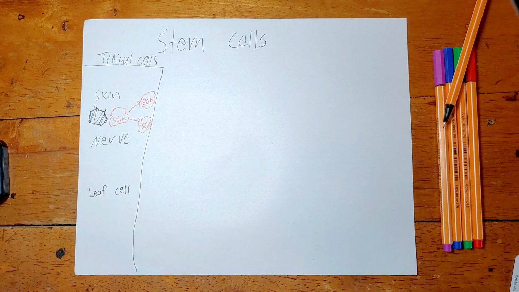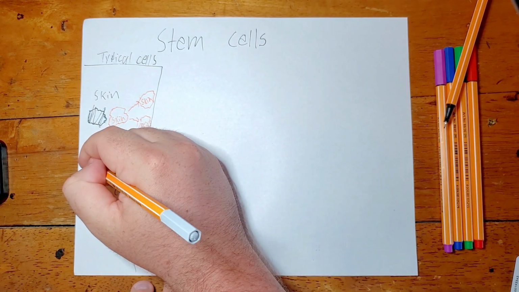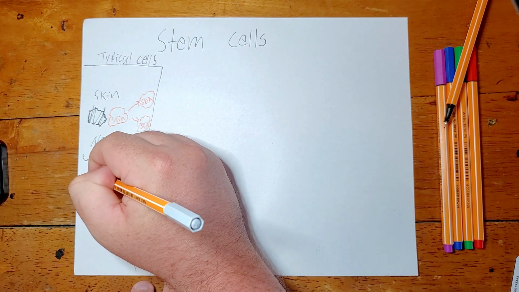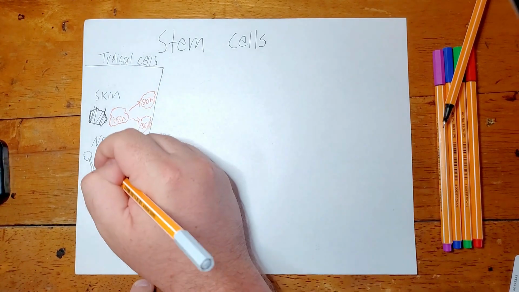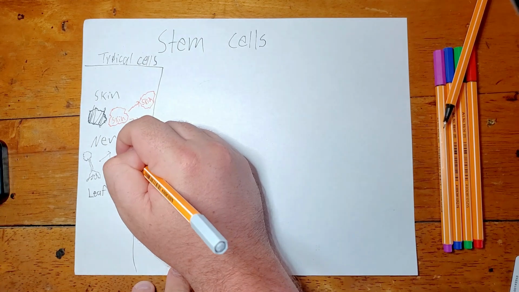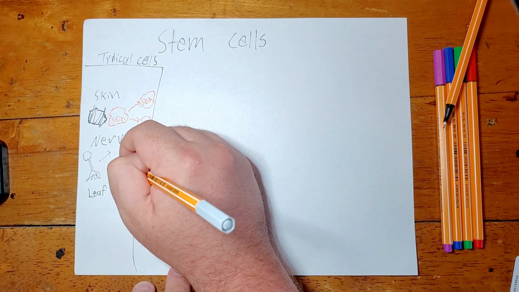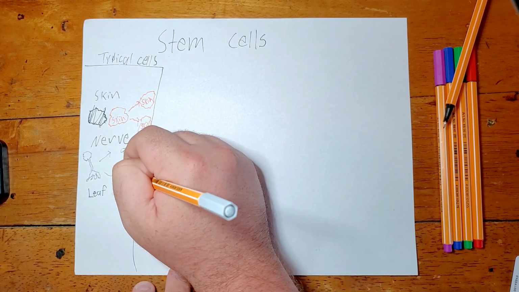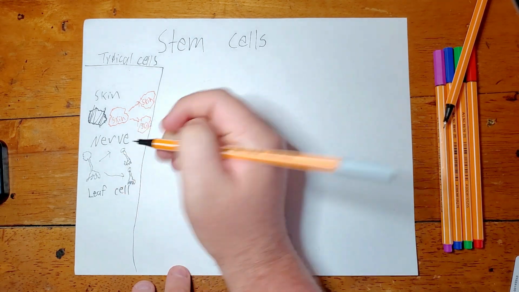On the other hand, let's get gray for nerves, because that's what color nerves are. If we have a nerve cell, that's kind of what a nerve cell looks like. If you have a nerve cell and it divides, it's going to make two brand new nerve cells, right? I'm just drawing them a little bit smaller because when cells first divide, they're a little bit smaller.